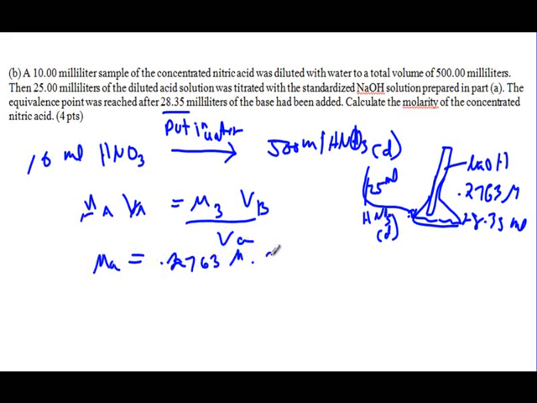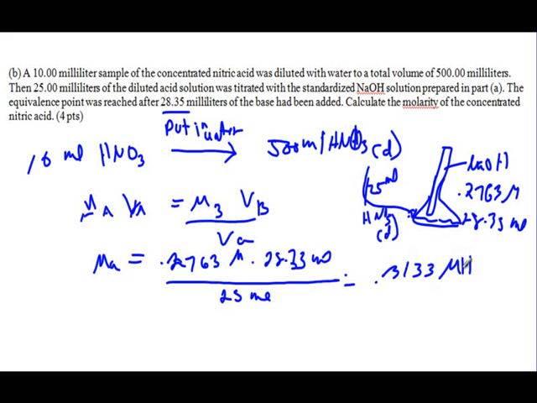Because I'm using milliliters in both cases, I can keep this in milliliters. And I've got 25 milliliters of the acid, and if I calculate that out, what I get is 0.3133 molar HNO3 dilute.